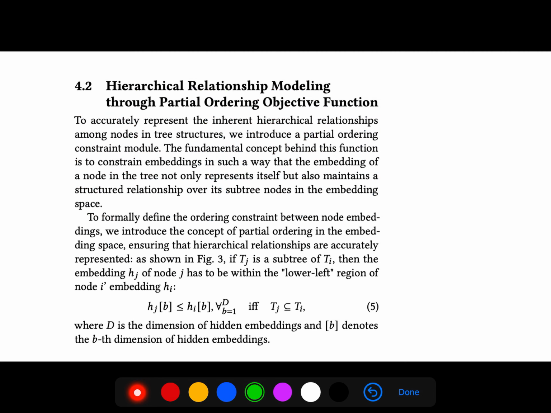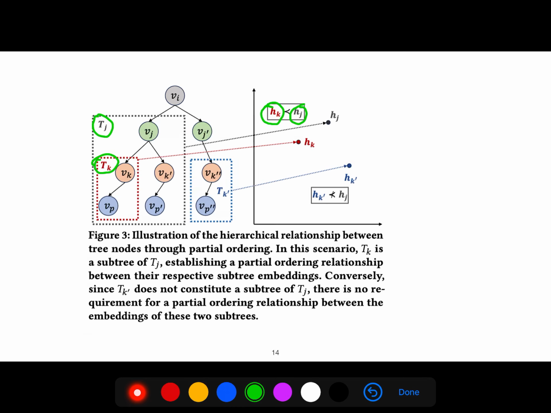To accurately represent the inherent hierarchical relationship, we introduce a partial ordering. So to formally define the ordering constraint between node embeddings, we introduce the concept of partial ordering, ensuring that hierarchical relationships are accurately represented. For example, in the previous video, I didn't talk about it, but in their paper, they could also include this kind of partial ordering over subtrees of subtrees like this.